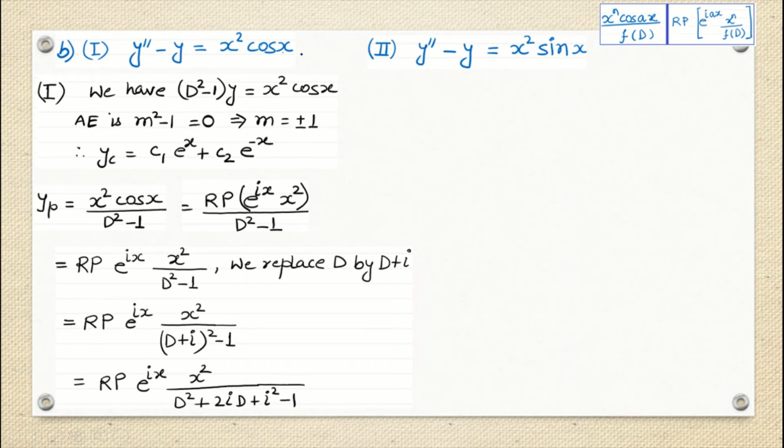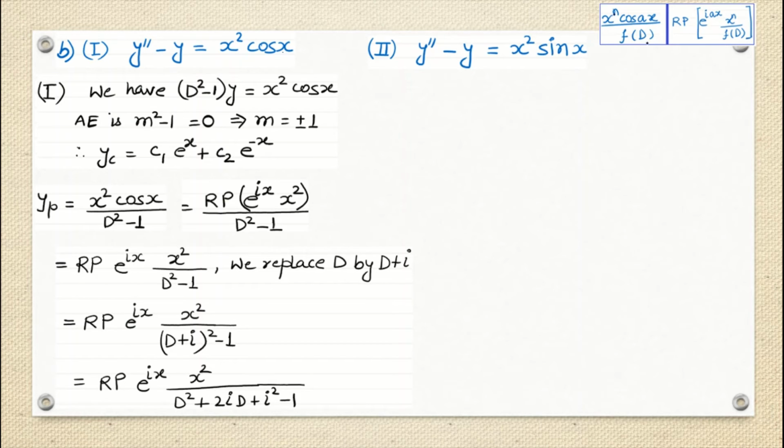And what will be the term? We had seen this formula, right? If the power of x is more than 1, if it is x square, x cube or anything, and with that if you have cos ax by fd, so how we are going to solve? We are going to write down the real part of e raised to i ax and x to the power n by fd.